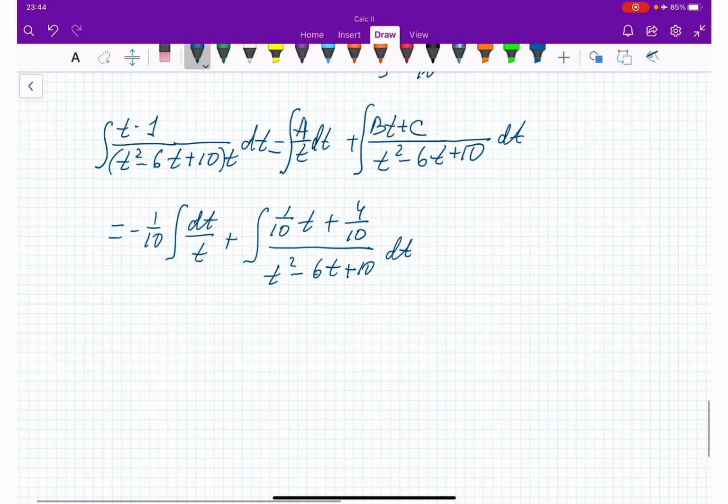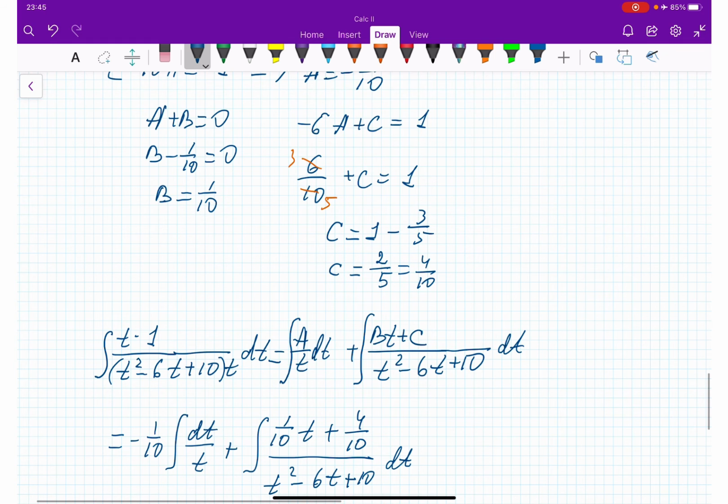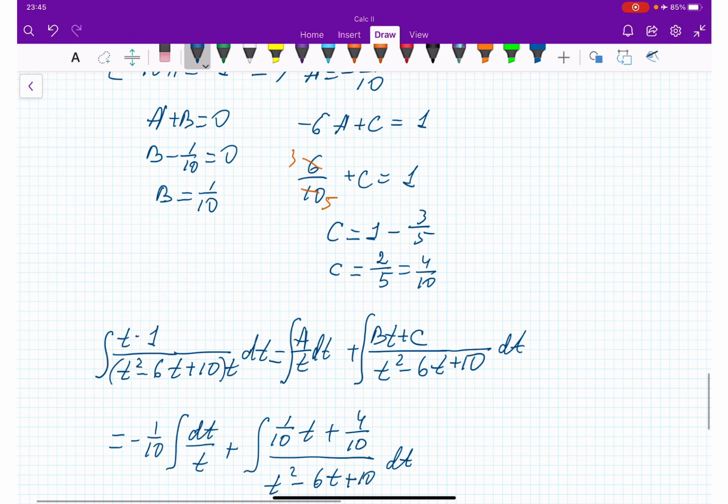so this would be equal negative 1/10. This is going to be logarithm t plus, so here is, let me see, my b was 1/10, c is 1/10.